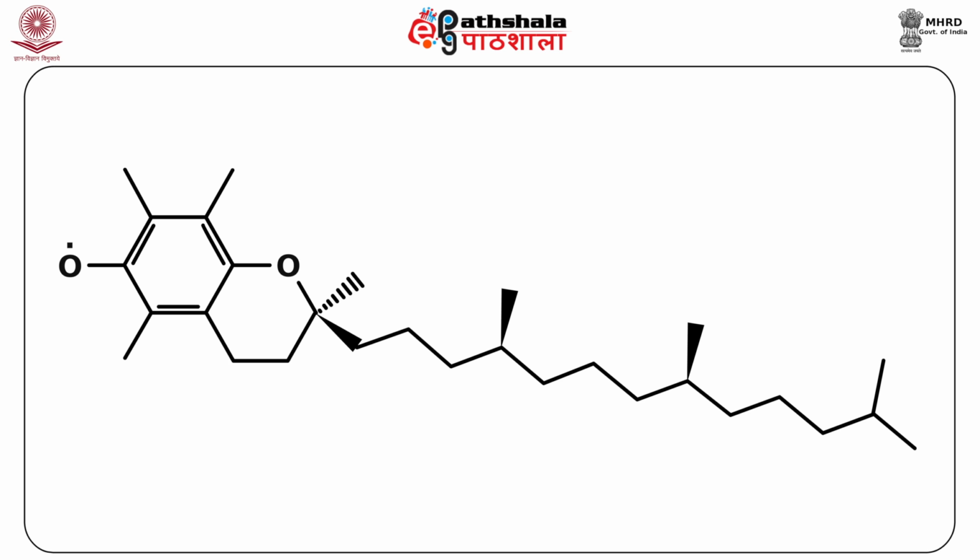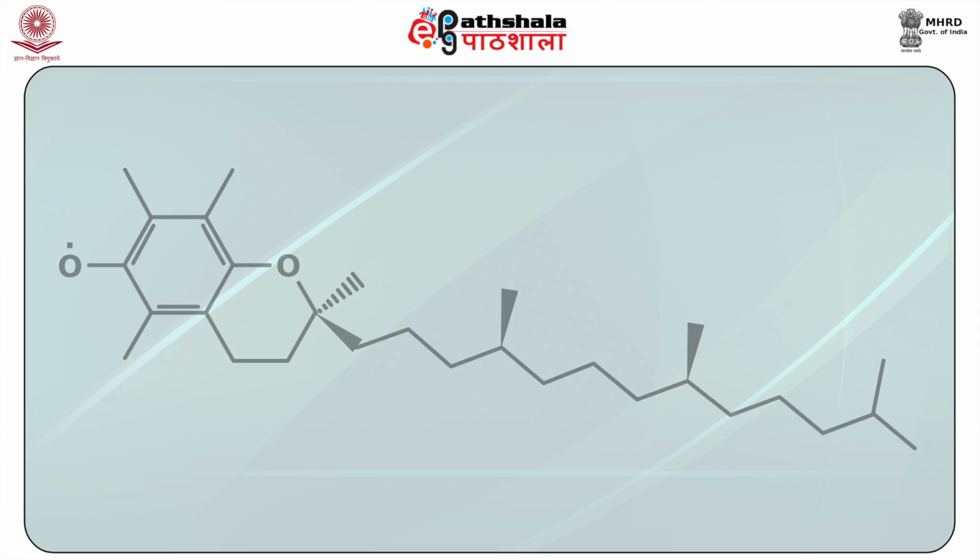For example, in the case of alpha tocopherol, which is vitamin E, the radical derived from alpha tocopherol can be stabilized via this long conjugation, and that is why it is quite stable. There are hundreds of examples of thiazyl radicals which show low reactivity and remarkable thermodynamic stability with only a very limited extent of pi resonance stabilization.